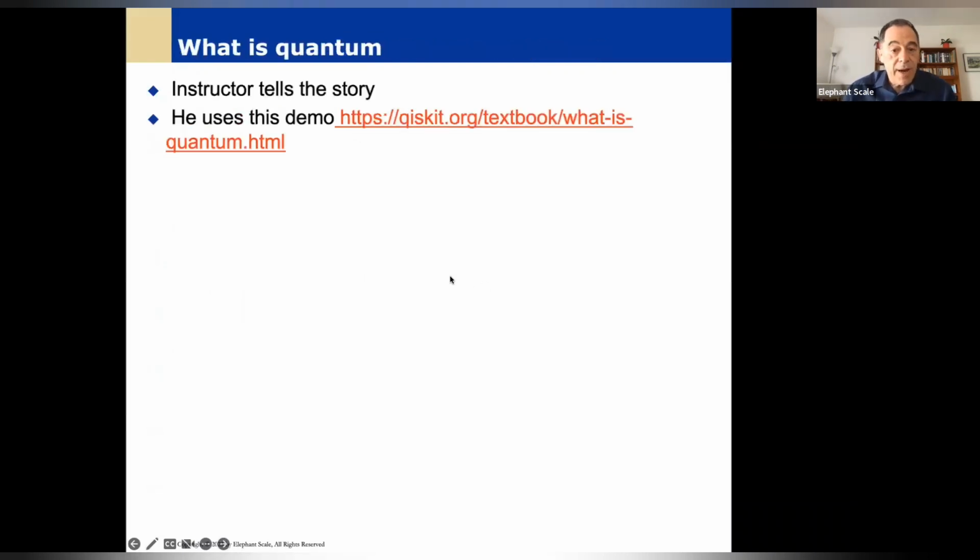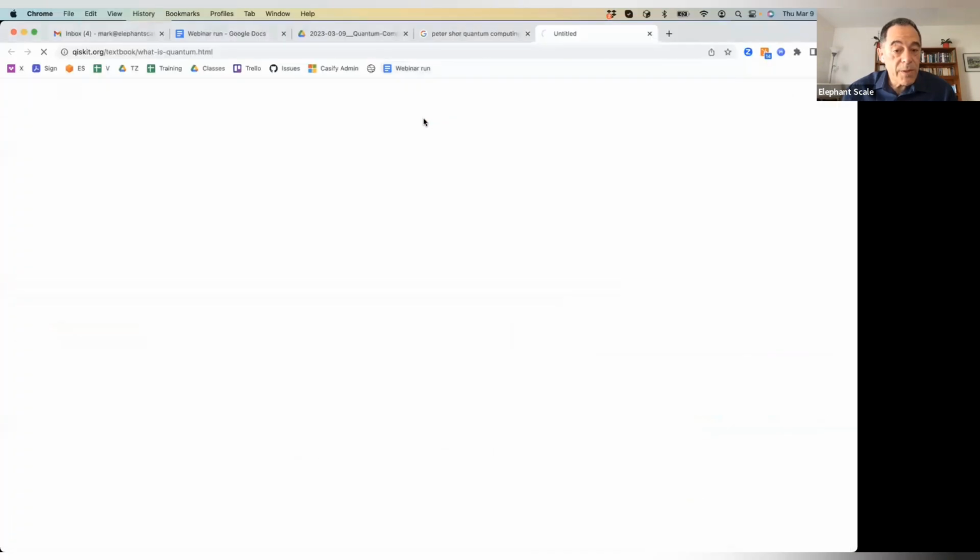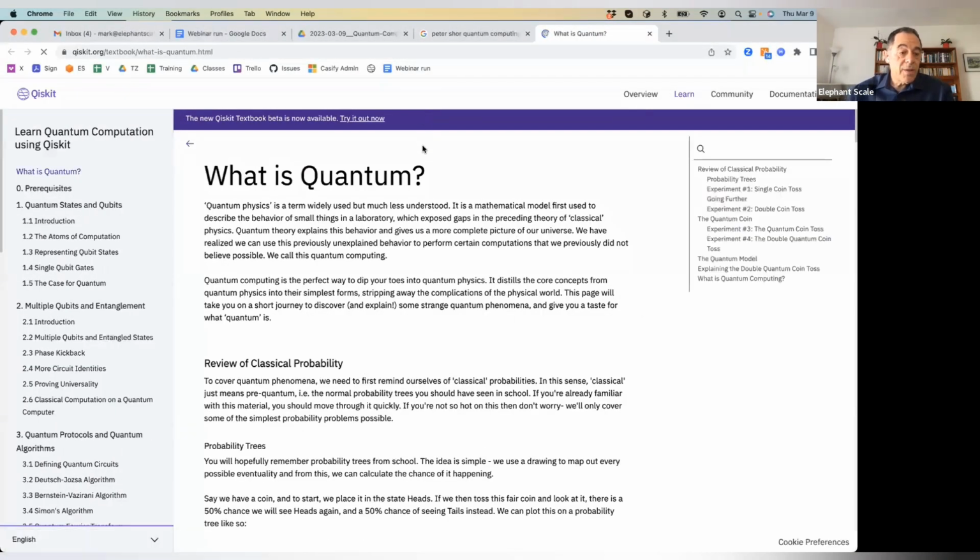Okay, now that is the story, but that story tells you what quantum is. By the way, here we have the best possible textbook for quantum computing. It's not the easiest. There is no easy textbook. I can tell you for sure because I tried every one.